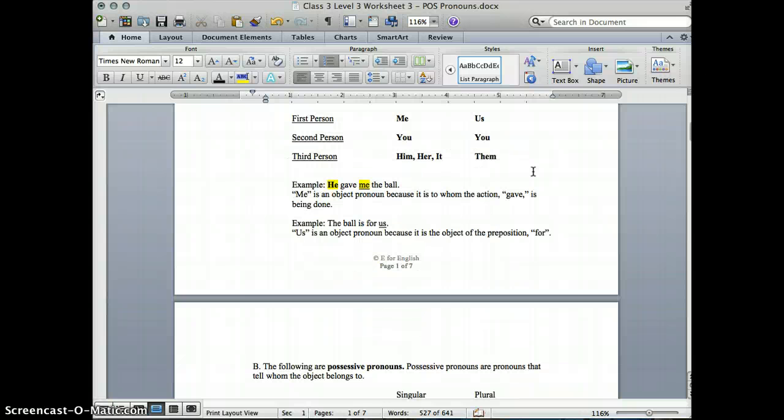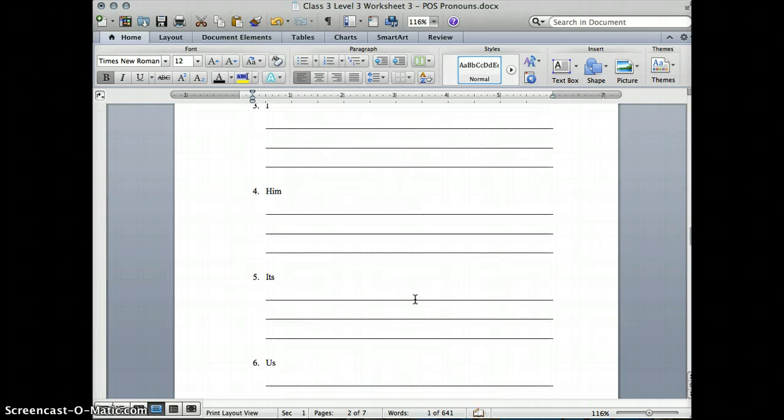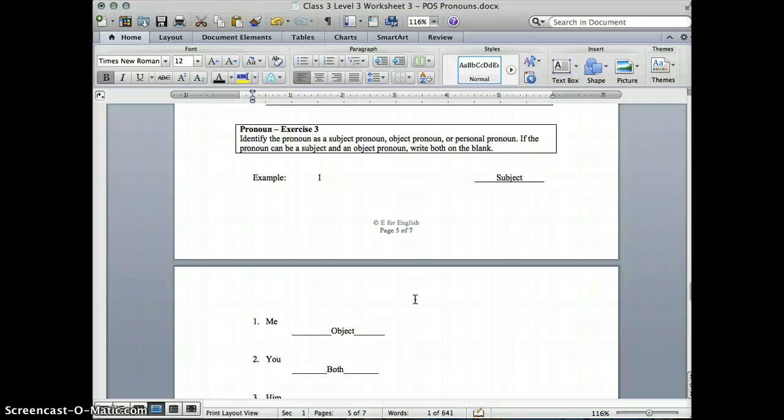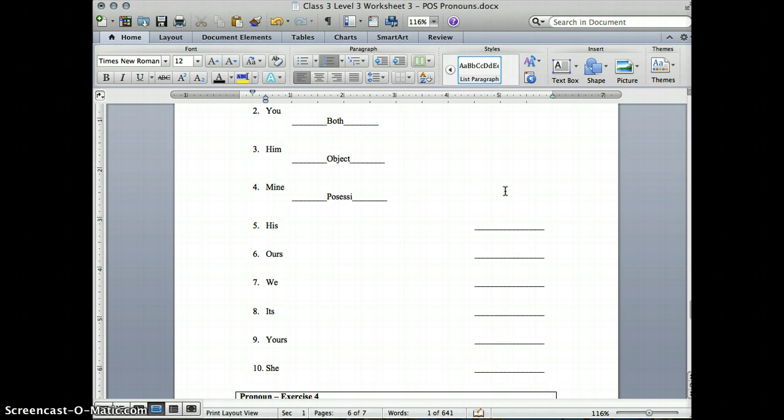Oh wait, there was another group of pronouns that we learned about today, right? Yeah, possessive pronouns. So let's go back here. Do you see mine anywhere over here? Over here. So therefore, mine is a possessive pronoun. So we're going to go back down and write possessive right here. And that is how I want you to go about and do the rest of these.